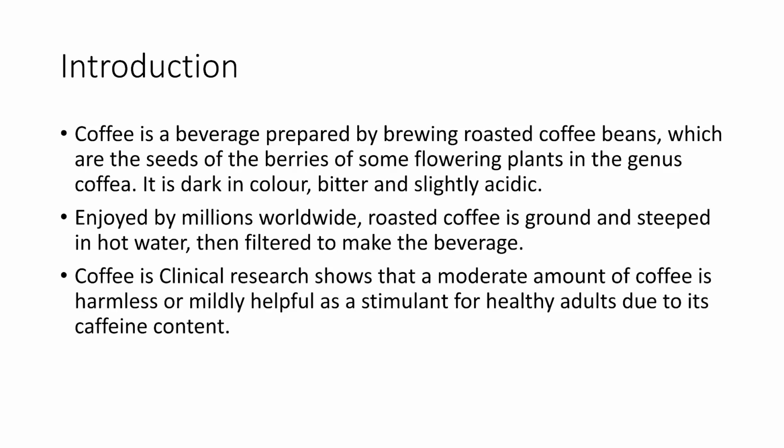Basically, how the coffee is prepared is that it's roasted till it is slightly black in color, and then ground and steeped in hot water, and finally it is filtered into the beverage. Usually there are three types of roasts, which are light roast, medium roast, and also dark roast.